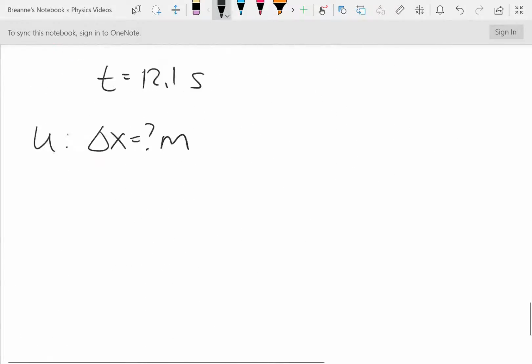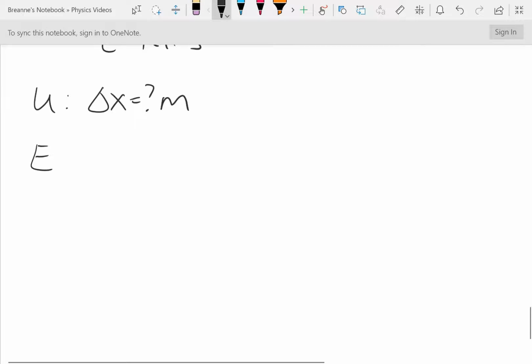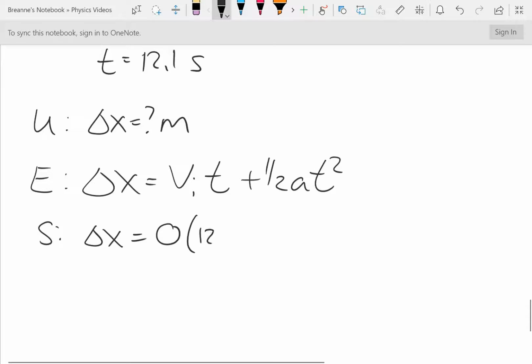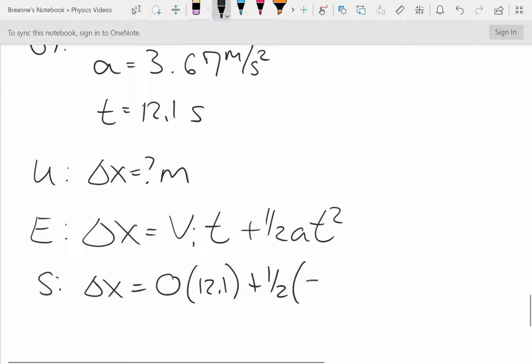So our first equation is delta x equals vi times time plus 1/2 at squared. We substitute. We're looking for delta x. Our initial velocity is 0. Our time was 12.1 plus 1/2. Our acceleration was 3.67. Our time is 12.1 squared.